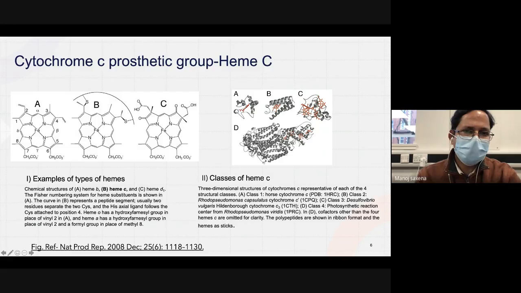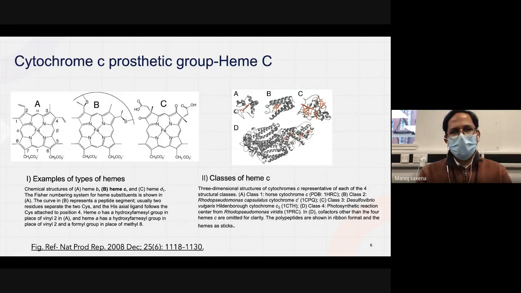So this line denotes the protein sequence, and this is iron, which is in the middle. Not shown in this figure, there are also two axial ligands present in the protein. So this is the way the heme-C is attached to the protein.